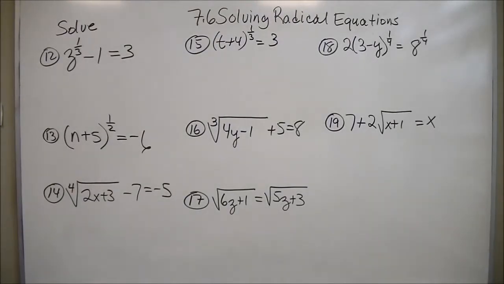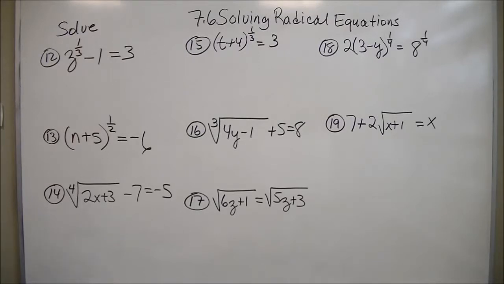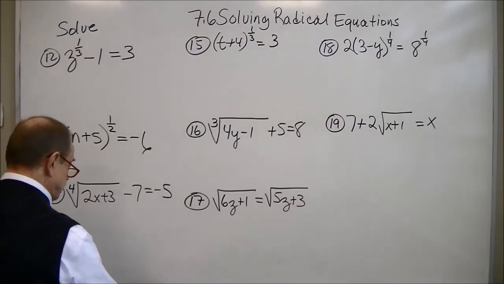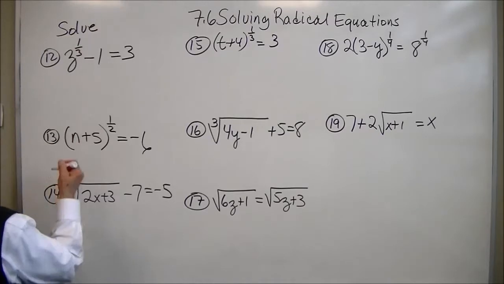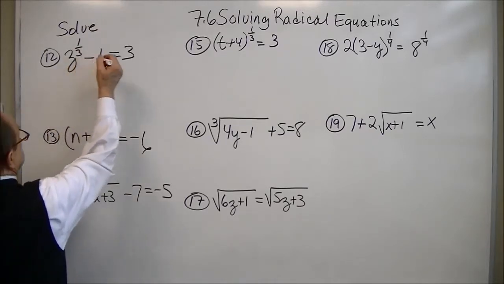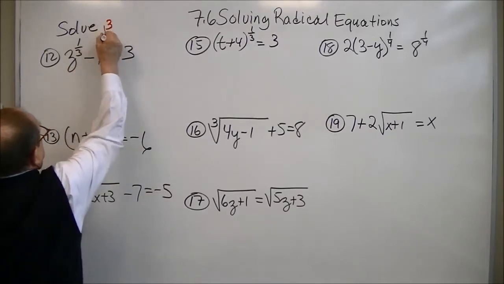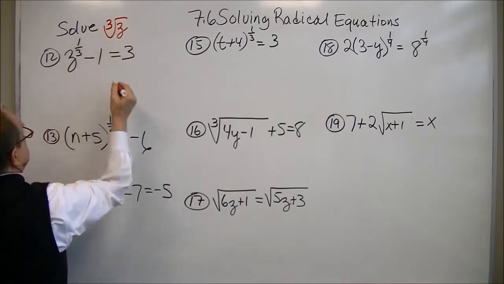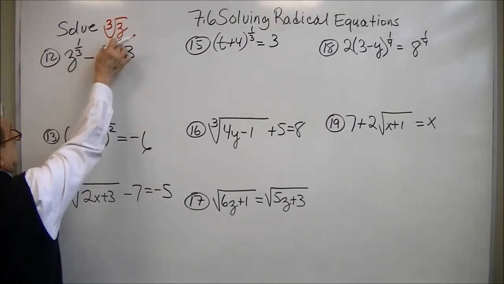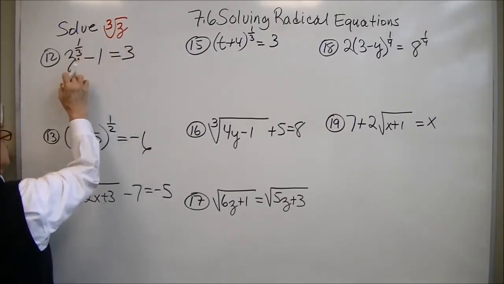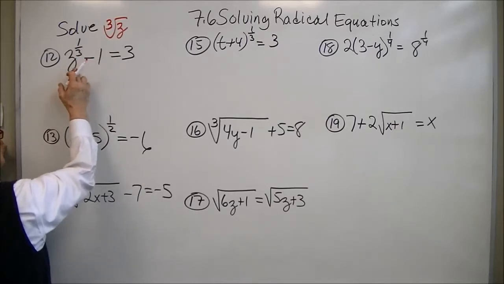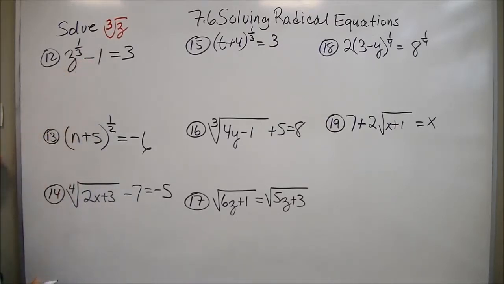Right, in this next part, as we look at it, again, can you see here that z to the 1/3 is the same as the third root of z? This is its radical form, and this is its fractional exponent form.